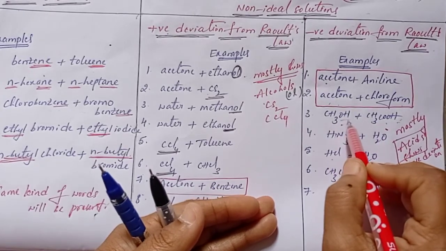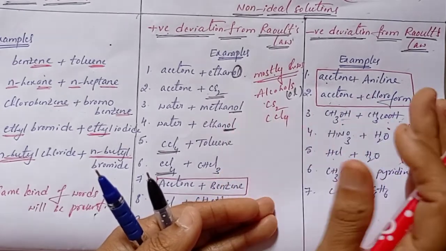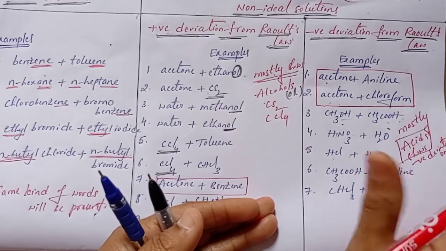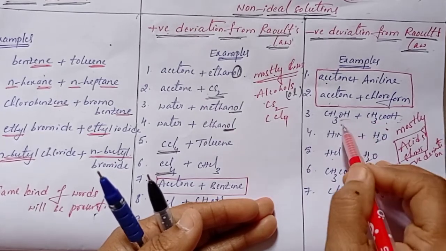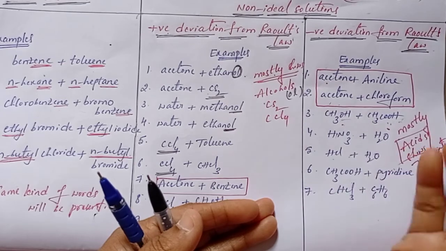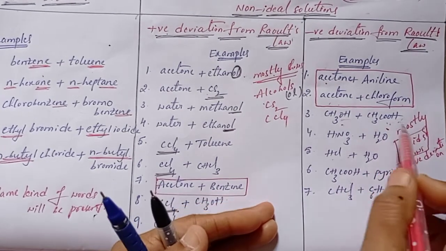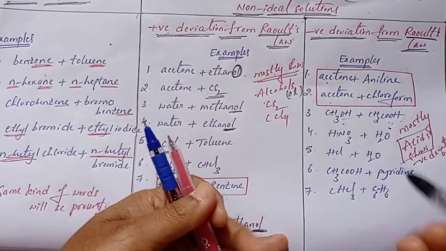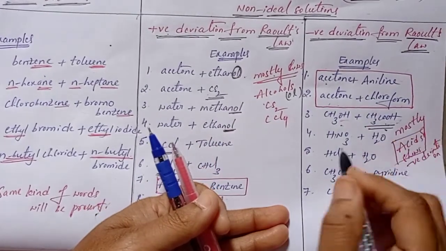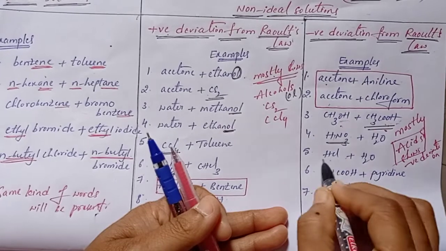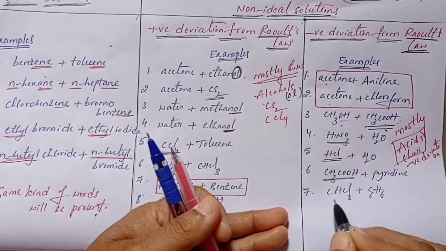OH is there, so is it a positive deviation? No students. Once you observe properly, if both alcoholic group and acid group are there, first priority is given to the acid only. So this is acid. Here acid is there, and next here nitric acid, HCl, acetic acid.